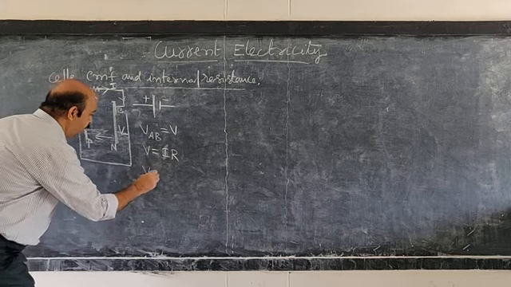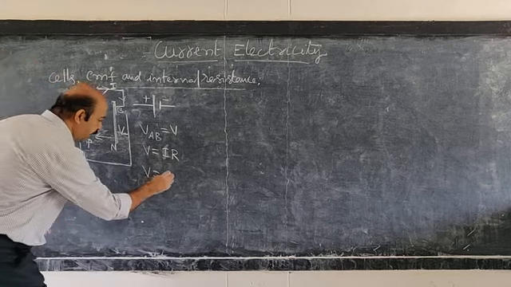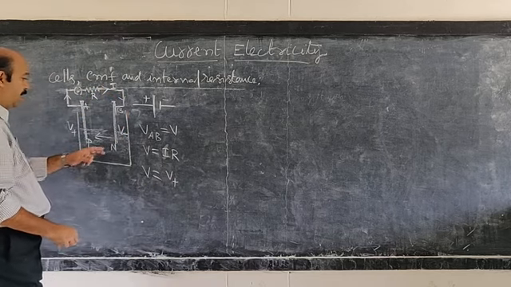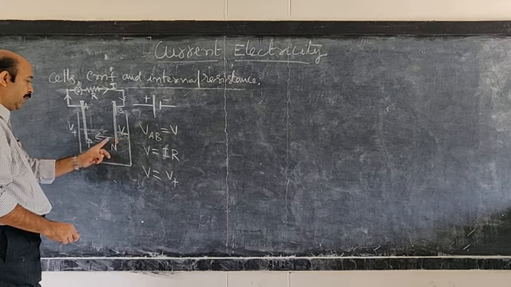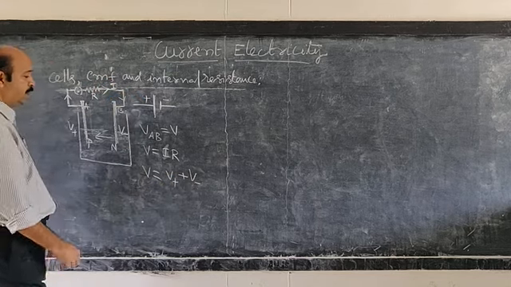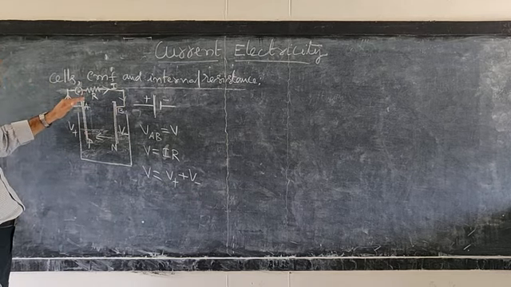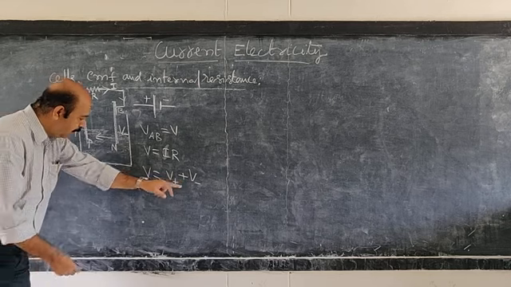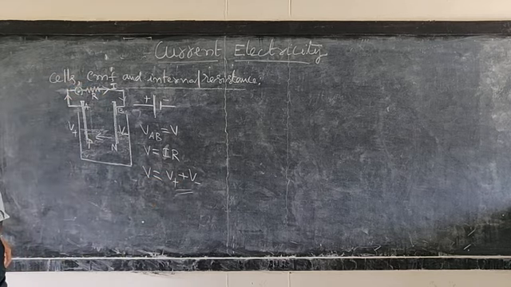Now when we come to the inside of the cell, we can write it like this. The total potential difference between P and N is the potential between P and the electrolyte, V plus, and between the negative terminal and the electrolyte, V minus. In the absence of any current, this potential difference we call the EMF of the cell.